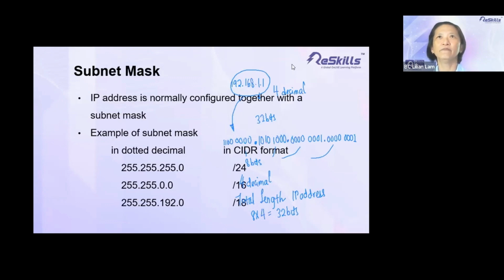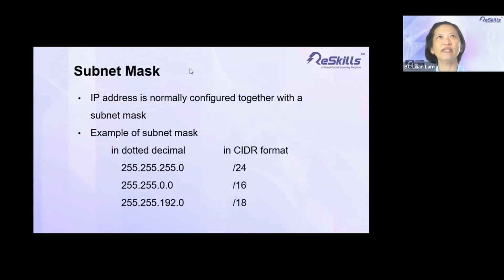Now there are many more examples of IP addresses, all in dotted decimal. Now we know that a decimal is represented by 8-bit binary.